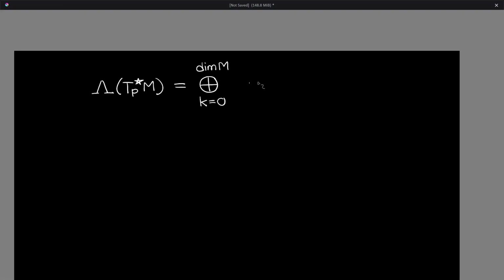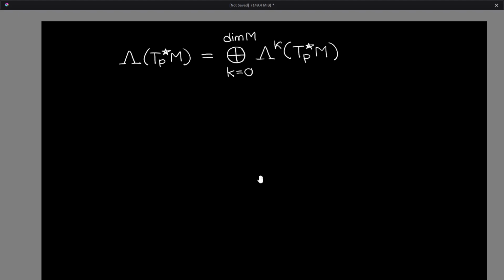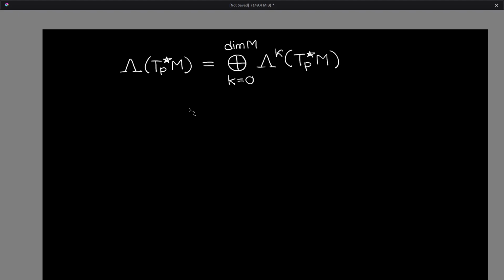Of these individual lambda k TP star m's. This is the same idea where we're taking forms of different degrees and we're adding them all up together to get our overall space. So this still needs a product, right?